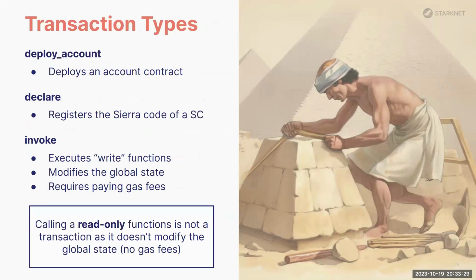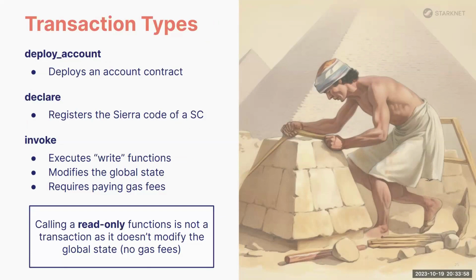So transaction types, right? We have deploy account, which basically deploys an account contract. You have declare, which registers the Sierra code of a smart contract. You have invoke. Invoke executes write functions, modifies state, and requires you to pay gas. And then you have call.